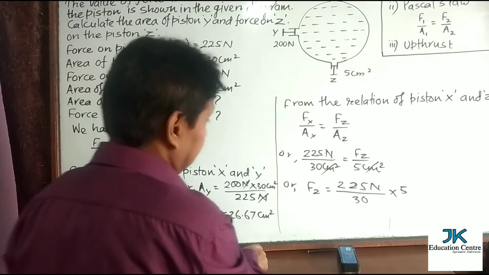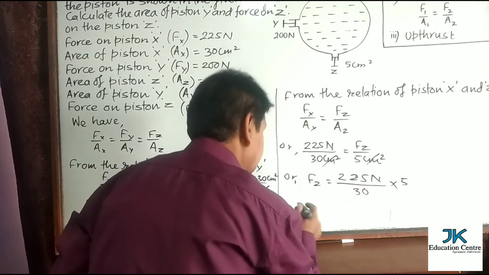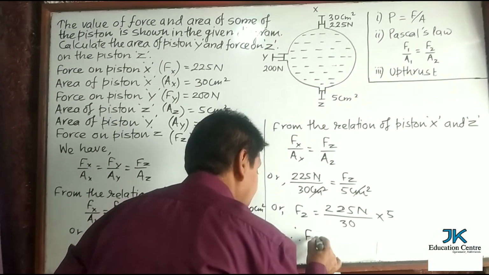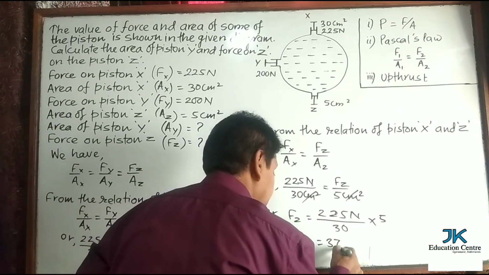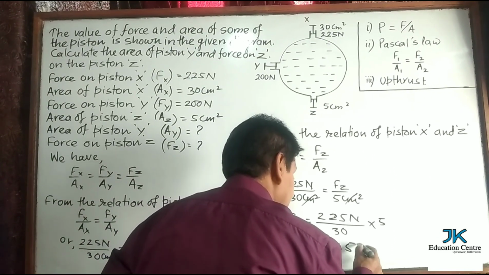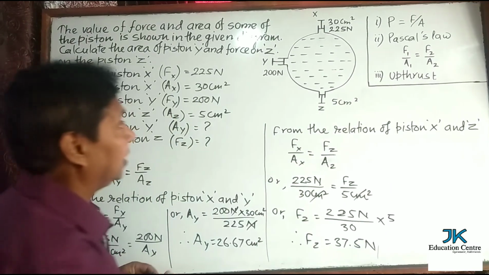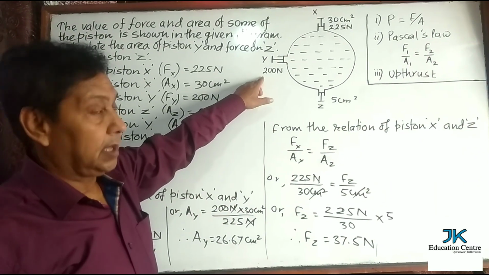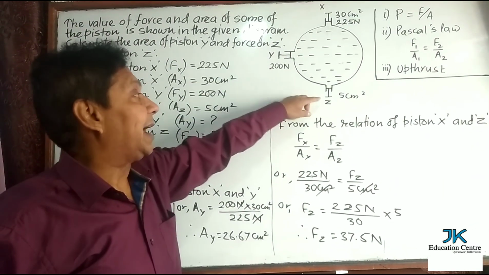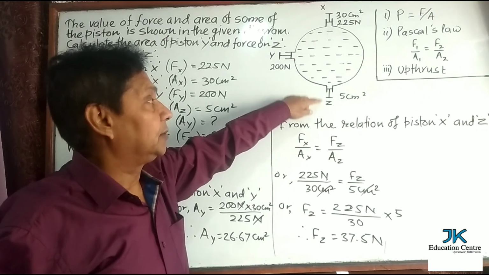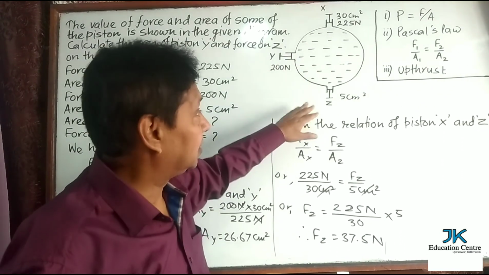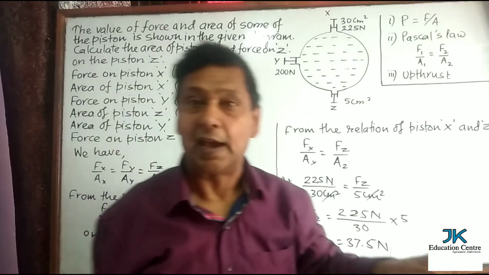This is equal to 37.5. That's why the final answer is Fz equal to 37.5 Newton. Now, what did we find? The area of piston Y and the force acting on piston Z. These were the questions, and we calculated them.